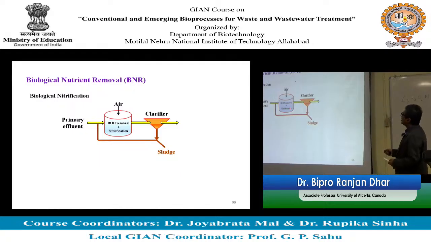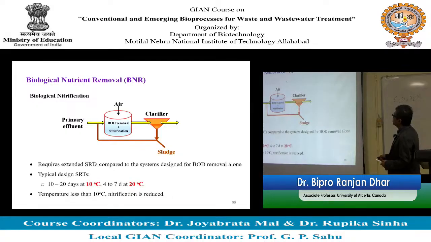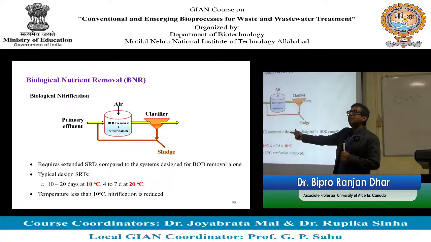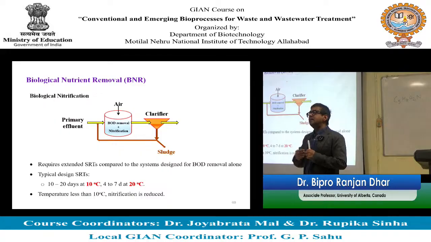So if we want to combine both BOD removal and nitrification, what do we need to do? We need to provide more DO, or more oxygen, in the process, and at the same time we need to extend the SRT. Why? Because nitrifying bacteria are very slow growing microbes.